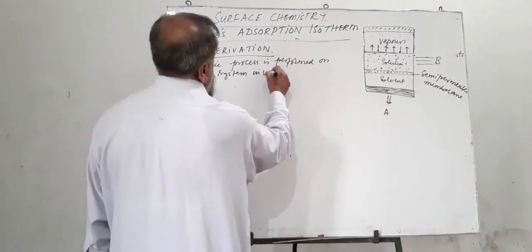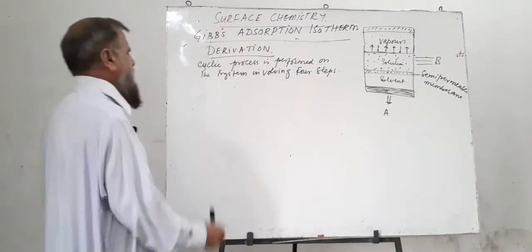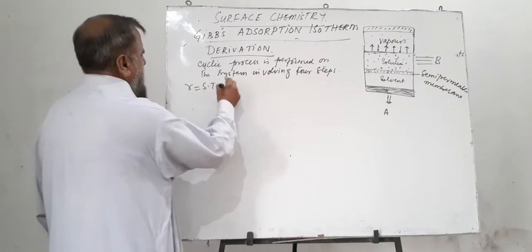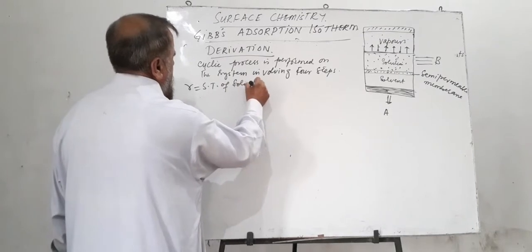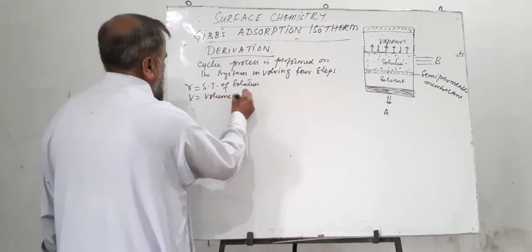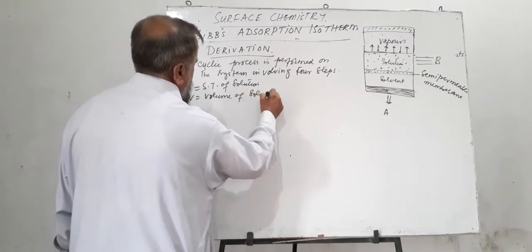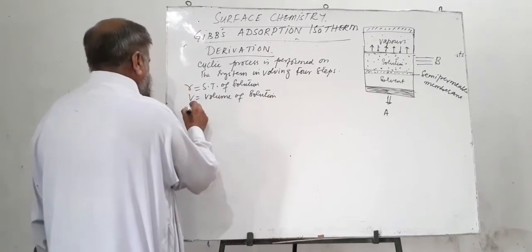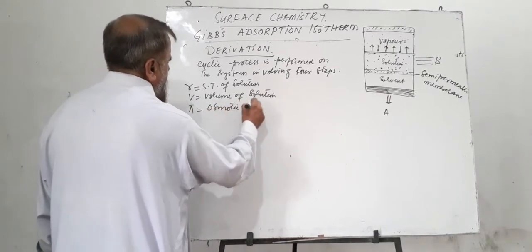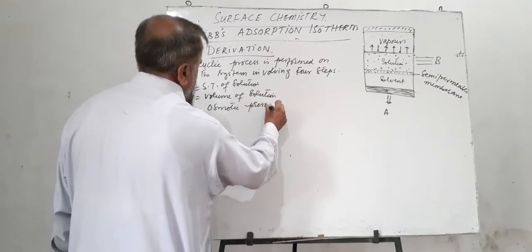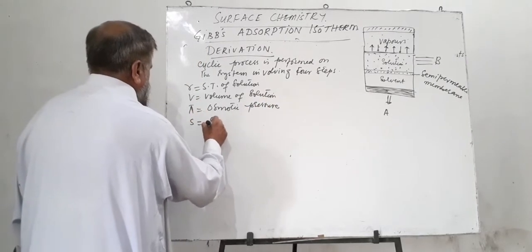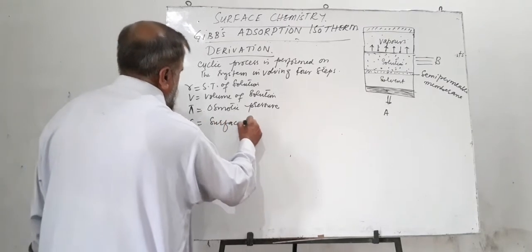The cyclic process is performed on the system involving 4 steps. But first we suppose that gamma is the surface tension of solution, V is the volume of solution, pi is the osmotic pressure of solution, and the fourth property is S, which is the surface area of the solution.